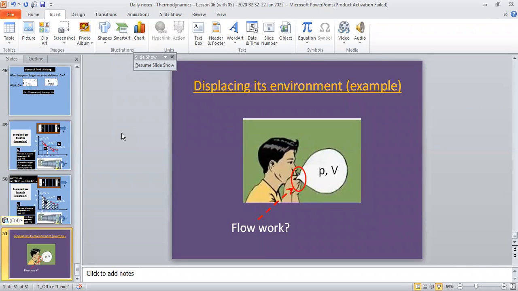So after that, we have to look into W. What this W is. W makes the gas, the working fluid, experience some volume changes.